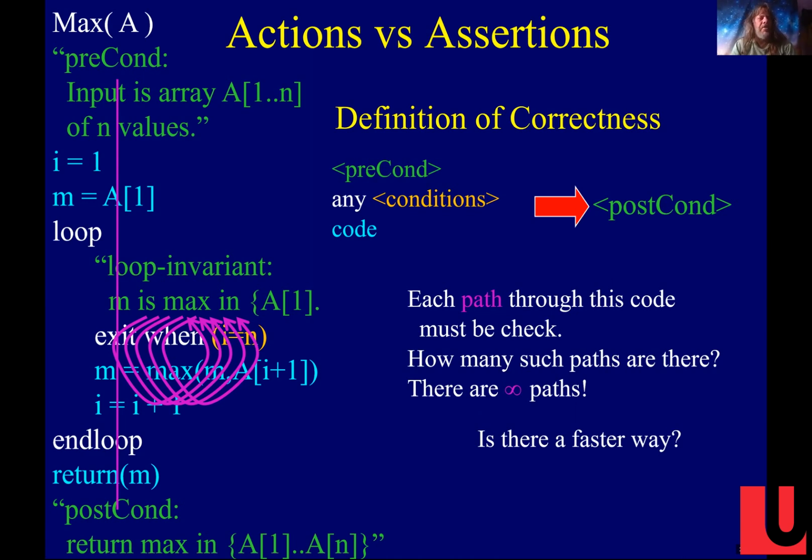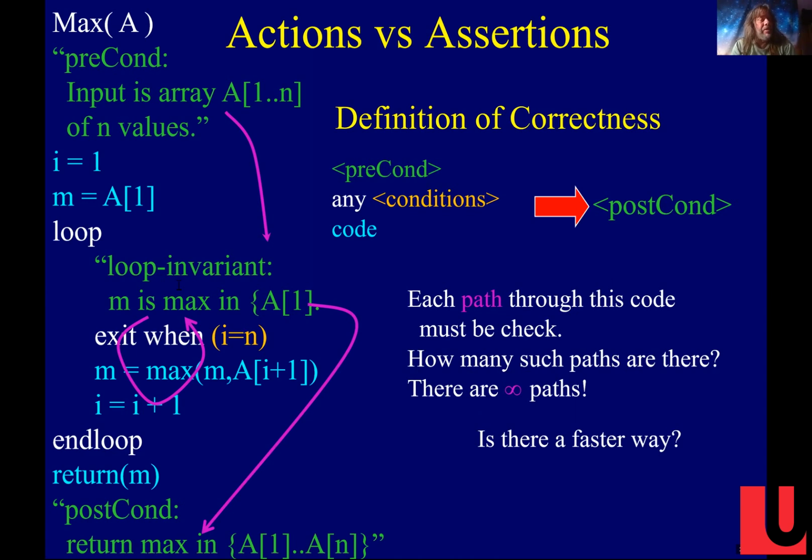So what are our subpaths? We have to get from the precondition to the loop. We have to get from the loop back to the loop, and that's all the same no matter how many times we go around. And then we have to get from the loop to the postcondition. That gives us 3 subpaths. Does that make sense?